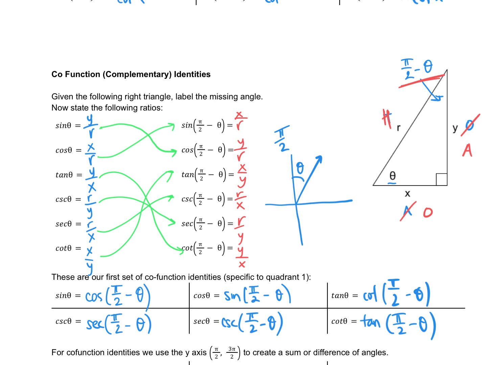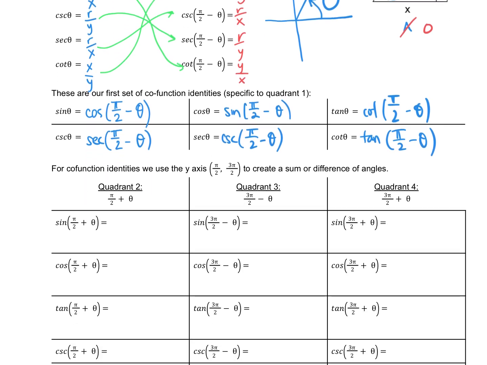And when you do pi over 2 subtract theta, this is your other angle that you're looking at. So it's like sine of theta equals cos of this angle here, and this angle here is pi over 2 minus theta, the leftovers from 90.